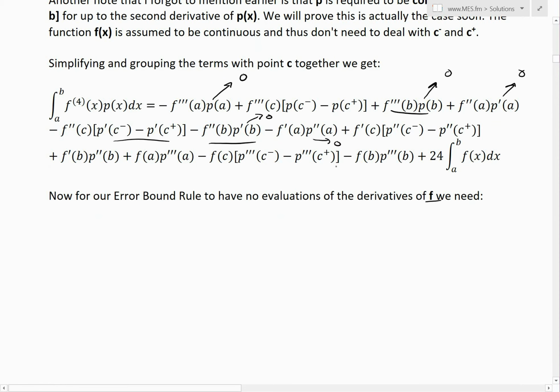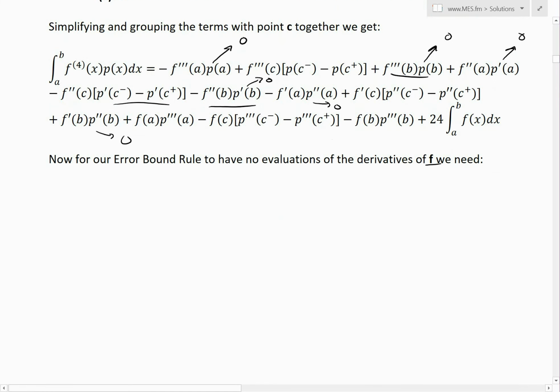And then this part right here, where is it? Yeah, this goes to 0. That goes to 0. And then these ones, f triple prime, we don't need to make go to 0, because that's just dealing with regular f of a.